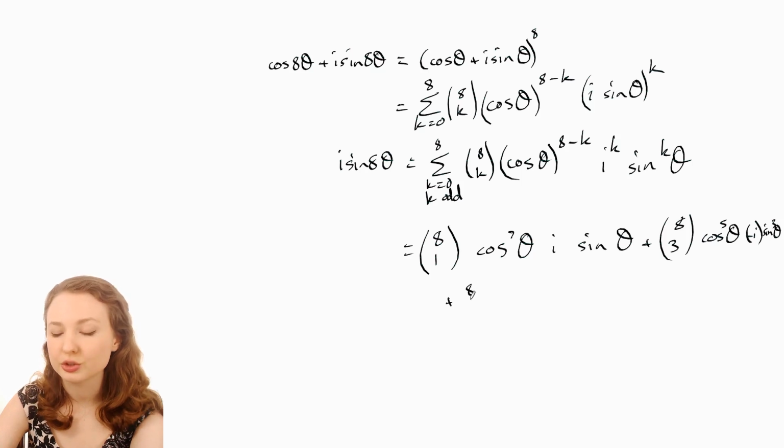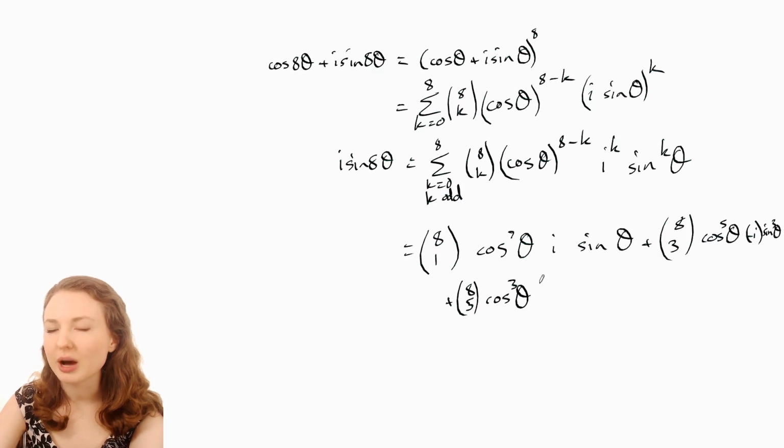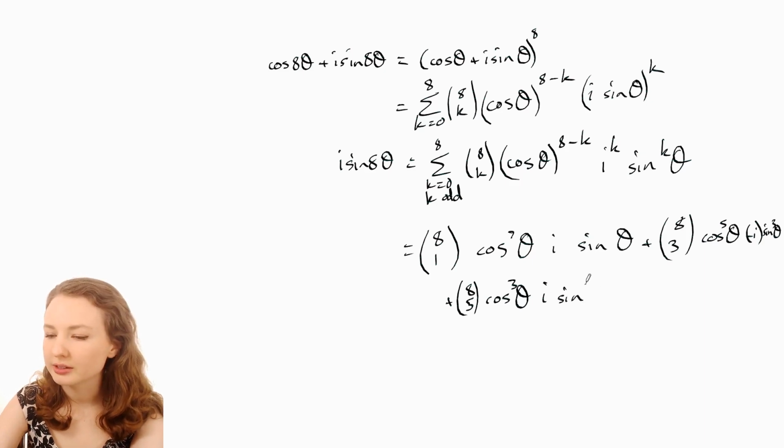And then we've got 8 choose 5, cos cubed, i to the 5th, i to the 4th is just 1, so i to the 5th is just i. We've got sine to the 5th theta, and 8 choose 7, cos to the 1, so just cos theta. i to the 7 is negative i times sine to the 7 theta.